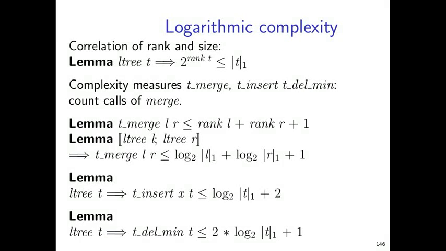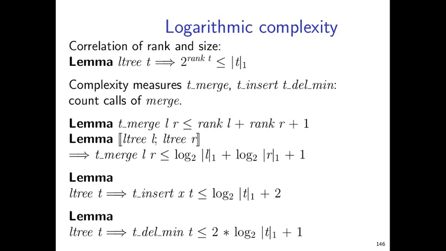So we will merge T1 and T2, and we know the rank of T2 and the rank of T1. We can only use the size of the whole tree, perhaps minus 1, to estimate them. So maybe we can get a minus 1 here, but maybe not.